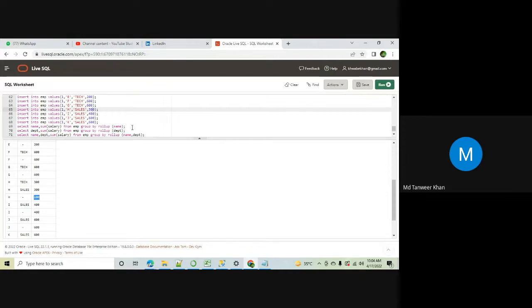So when I have given name comma department, first of all it gives for each and every department how much he is earning, and then in total how much he is earning in both departments. This is the example which I thought of showing. So this is rollup. It will give you more detailed information about data. Any question, guys?